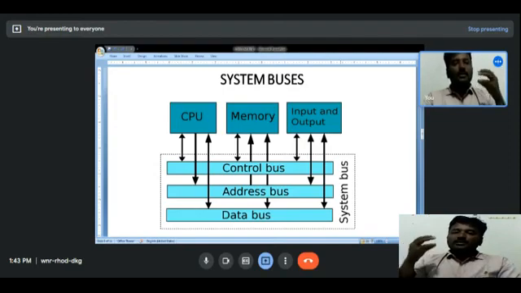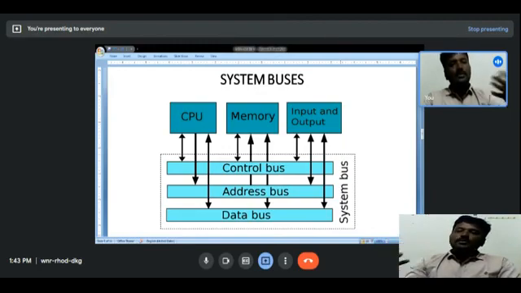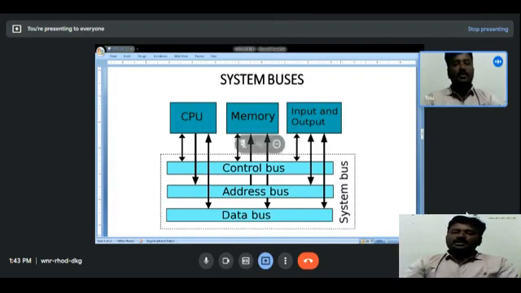You can see that control, address, and data bus are cumulatively represented by a dotted line. These three buses form part of the system bus. We can say these three in a group as system bus. Okay, so that is one of the architectural diagrams we have seen.